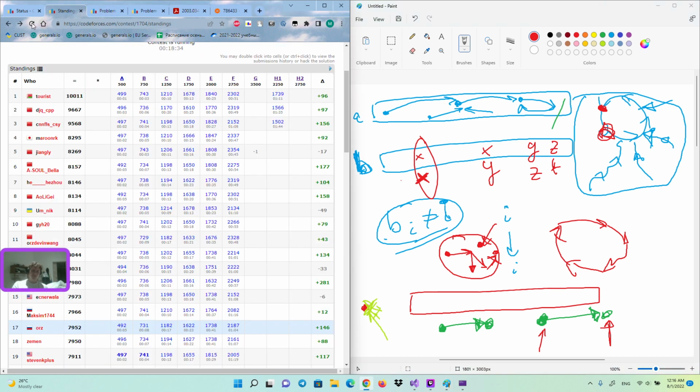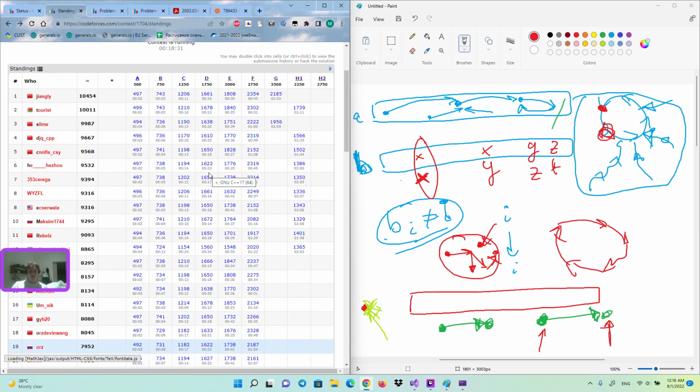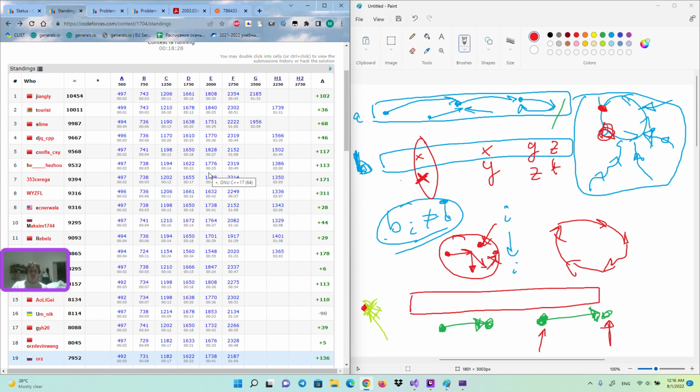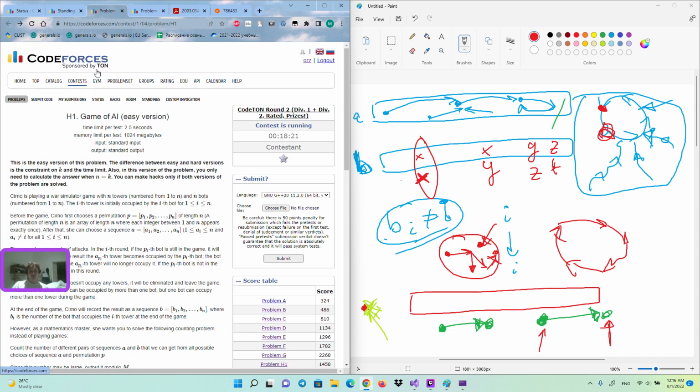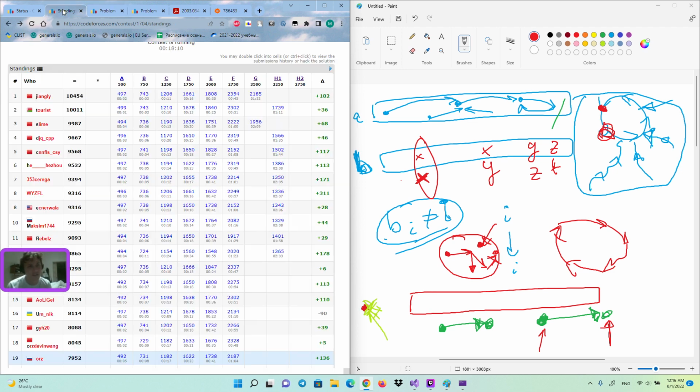Oh, I hate these problems. They're all impossible. But so many guys solved H1. It must be solvable. I hate it. I spent so much time on G and it turned out that G is very hard.